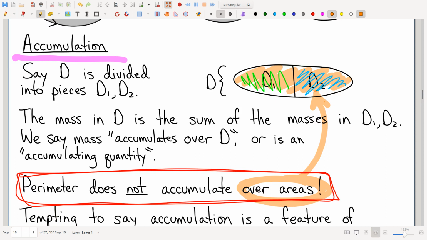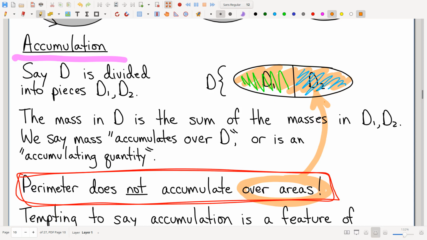That's not what we're talking about. I'm talking about if you have an area, if you chop up the area into pieces, is the whole the sum of the parts? And I claim perimeter fails. Right? The perimeter of the green region plus the perimeter of the blue region is not the perimeter of the orange region. Right? Everybody happy?